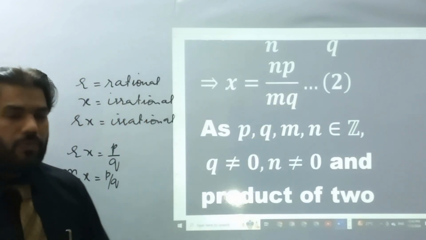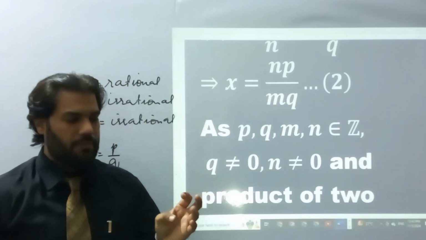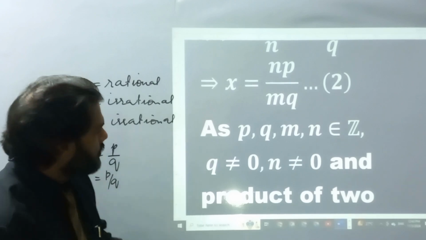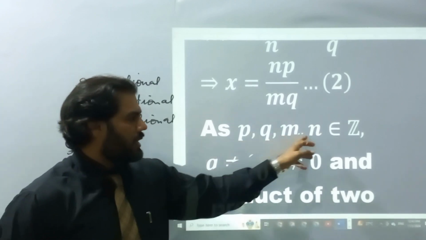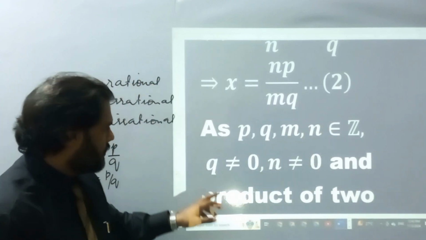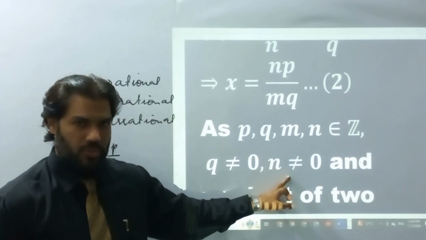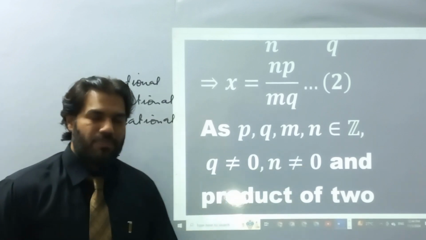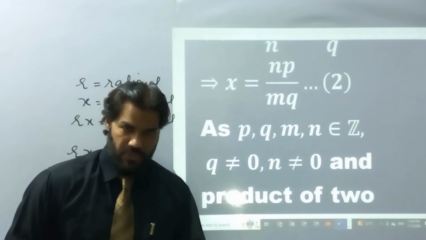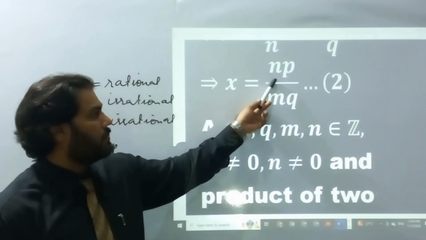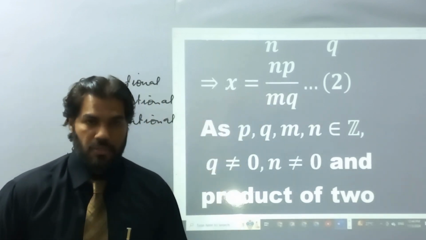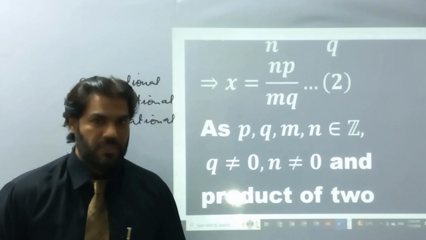Now here there are 4 integers M, N, P, Q. As P, Q, M, N are integers, and the denominator Q and the denominator N are non-zero, we know that the product of two integers is always an integer. So NP, that is the product of two integers, will always be an integer.